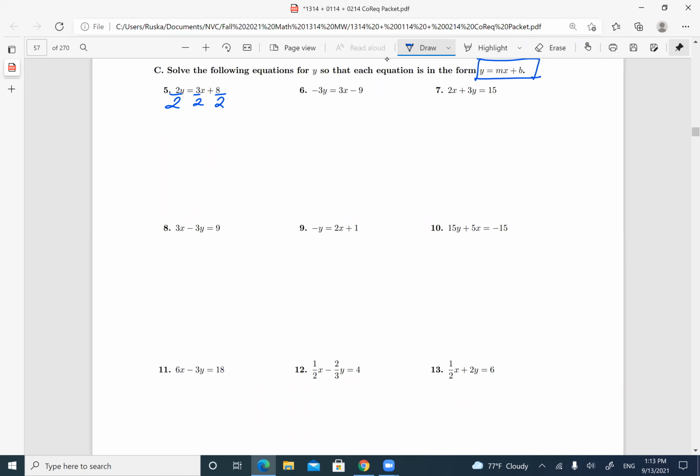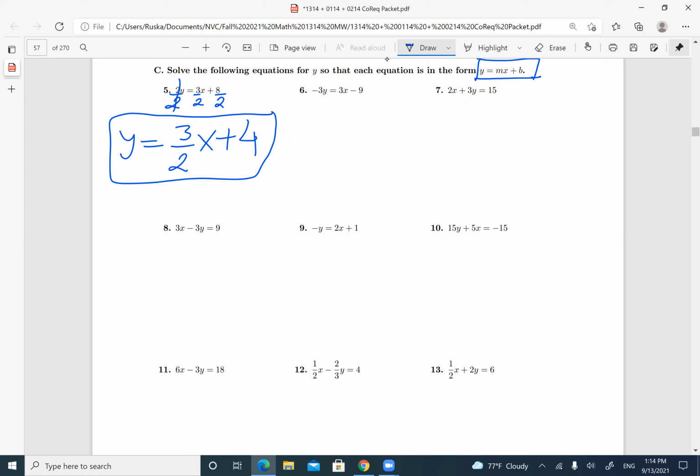So 2 divided by 2 cancels, it's 1y equals 3 over 2 x plus 4, because 8 divided by 2 is 4. This is how the equation in slope-intercept form looks. So we get y equals 3 over 2 x plus 4. So the slope is 3 over 2, and you're going to cross the y-axis at 4, okay?